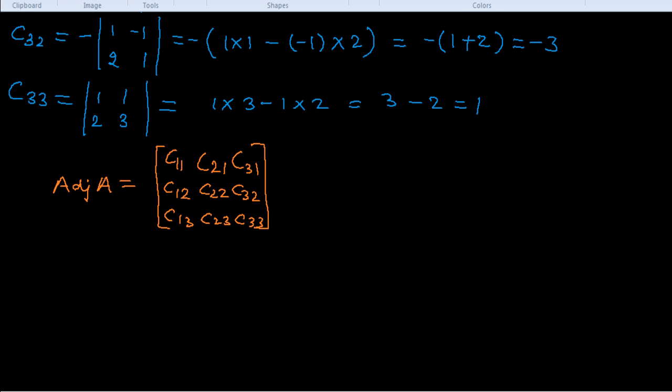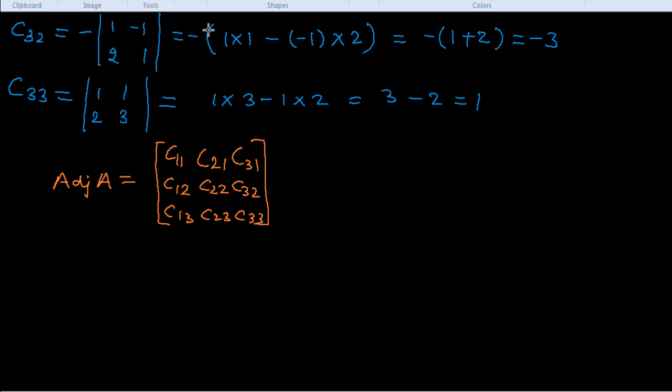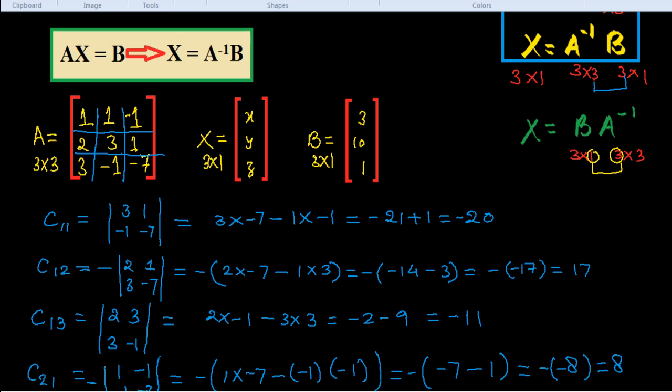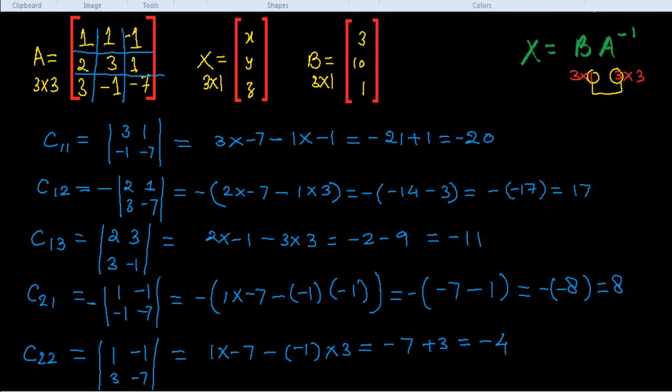Now we have to find out adjoint A. Adjoint A is equal to, write the values of the cofactors we have found out here.